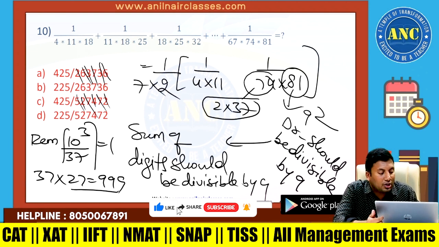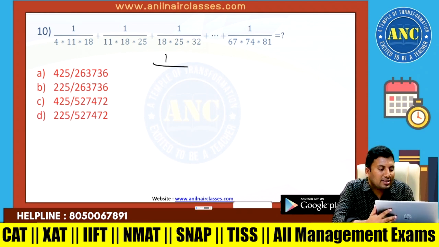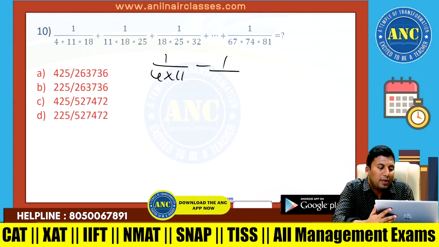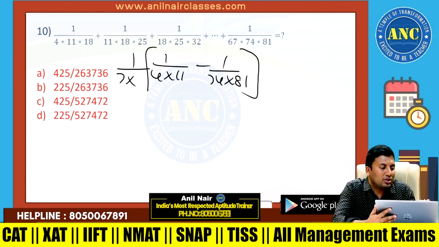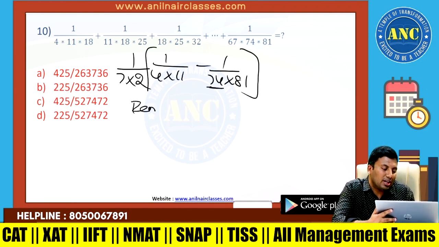So 10 cube divided by 37 leaves 1. Now, what I will do is, listen carefully. So, what is the answer which I got? 1 by 7 into 4 into 11 minus 1 by 74 into 81. 74 is nothing but 2 into 37. 10 cube divided by 37 is 1.